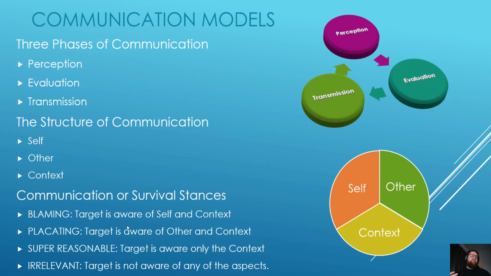Communication or survival stances. Blaming: the target is aware of self and the context. Placating: the target is aware of other and the context. Super reasonable: the target is aware only of the context.